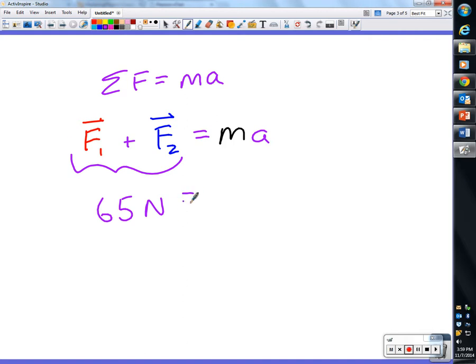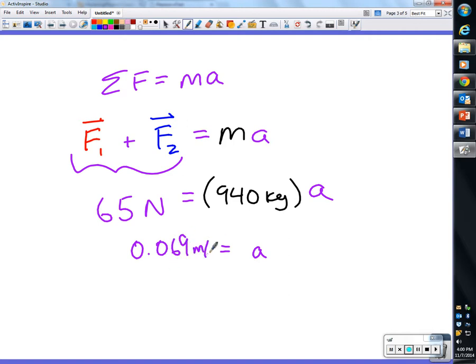We already know that the mass of that satellite is 940 kilograms, so we can plug that in, and we're looking for the acceleration. Now we can just solve this equation for a. So we take 65, divide it by 940, and we end up with the acceleration equal to 0.069 meters per second squared. Okay?